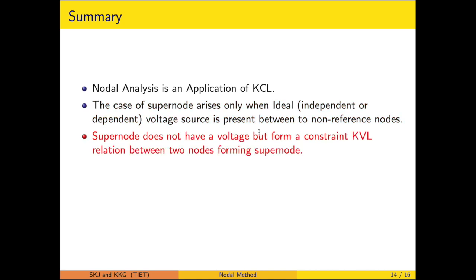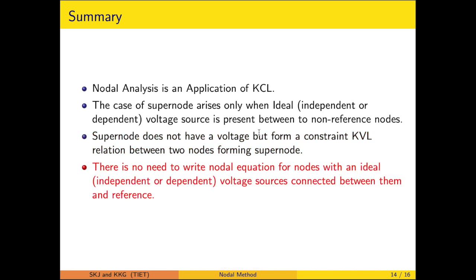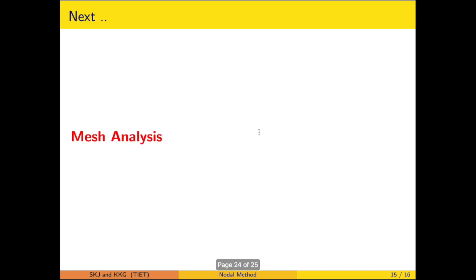A supernode does not have a voltage on its own, but it forms a constant KVL relation between the two nodes. There is no need to write the nodal equations for nodes with an ideal voltage source connected between the node and the reference. So this is the summary.